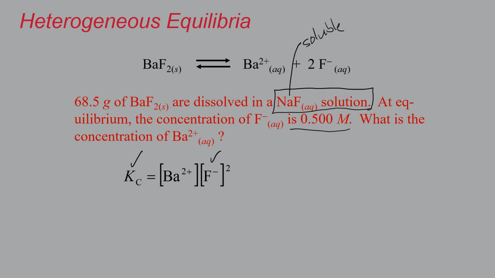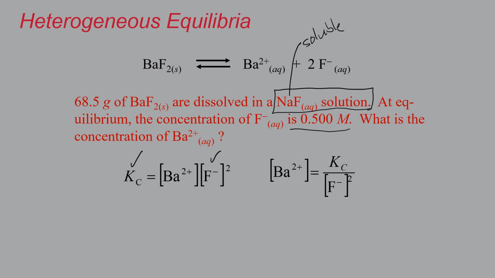Now remember, we can't use reaction stoichiometry here. You're not just going to say, oh, isn't it just 0.25 molar? Because this number contains fluorides from the barium and the sodium. You don't know which is which. So you have to get it by manipulating the equilibrium constant expression. And that is done here.